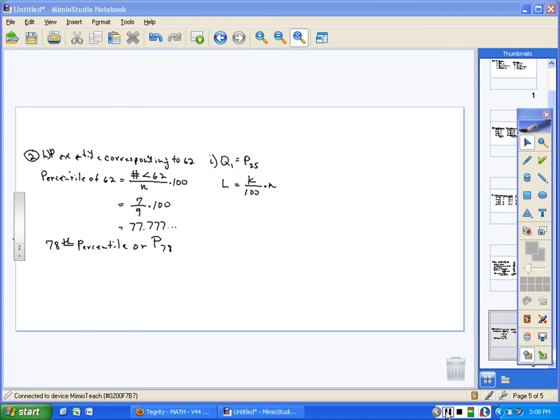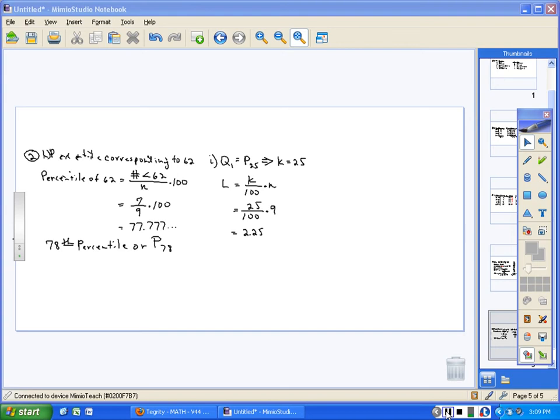Okay, K is defined as the percentile in the question. So since we have P25, that tells us that K is 25. So this is going to be 25 over 100 times 9. And when you multiply that, you're going to get 2.25.